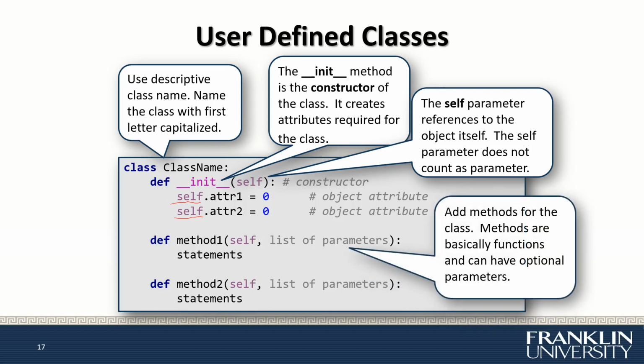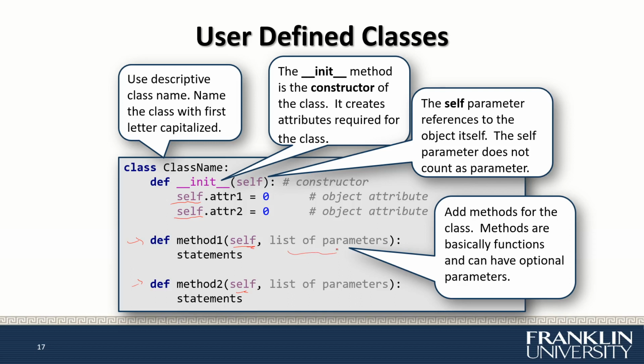And you could have a method, and the way you define a method is exactly the way you define the functions that you have learned in the past few weeks. The first parameter has to be self, followed by a list of parameters.